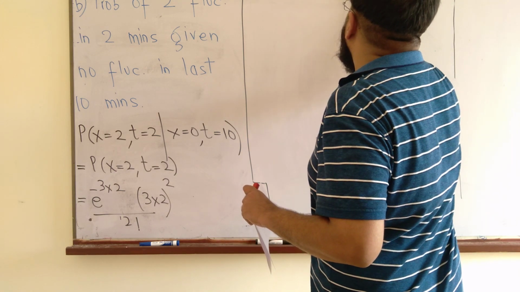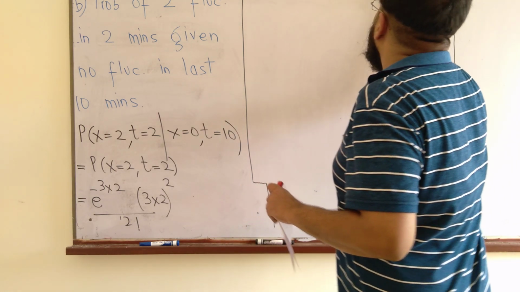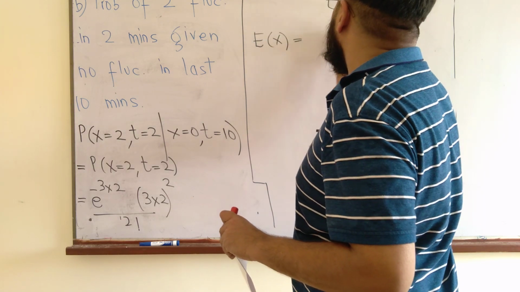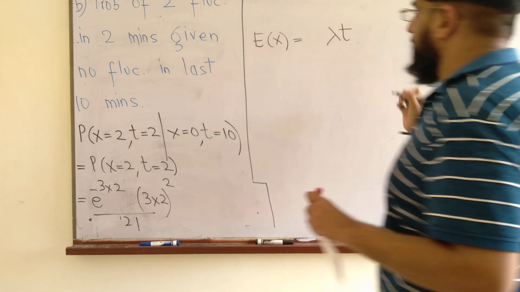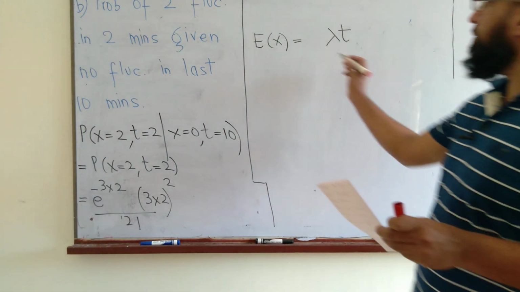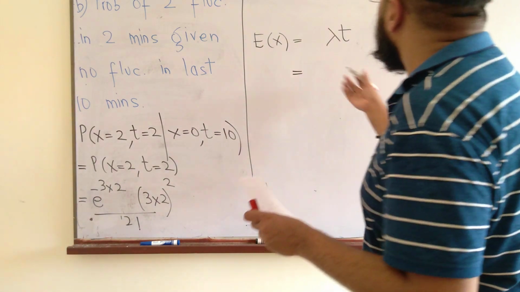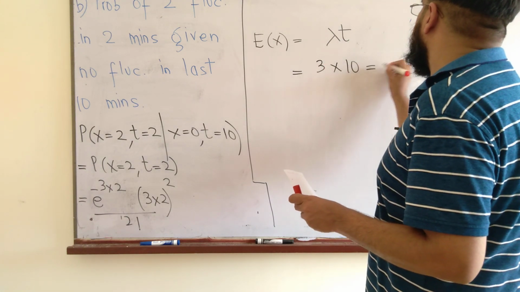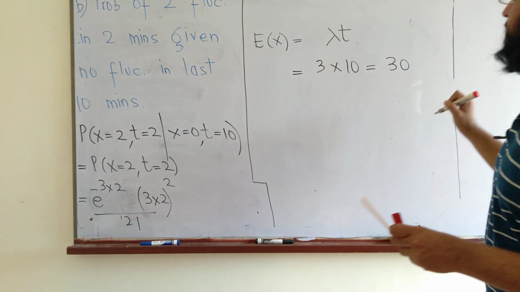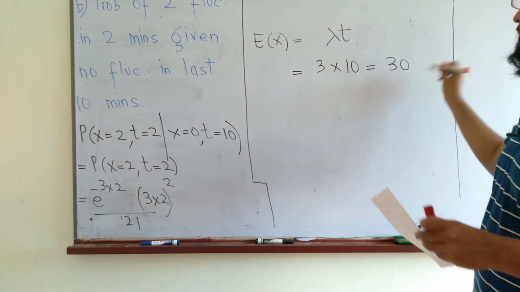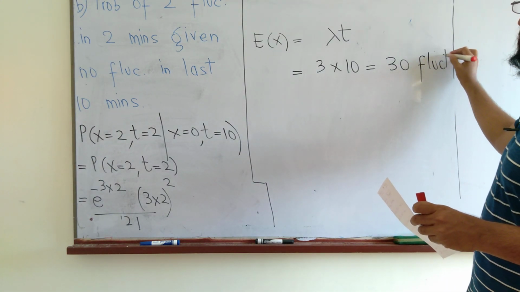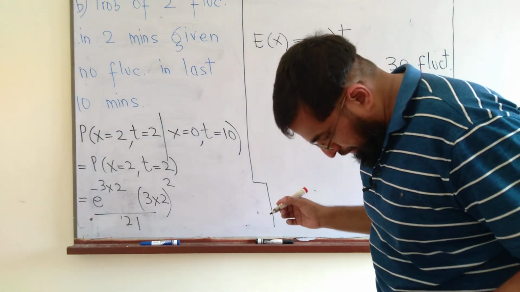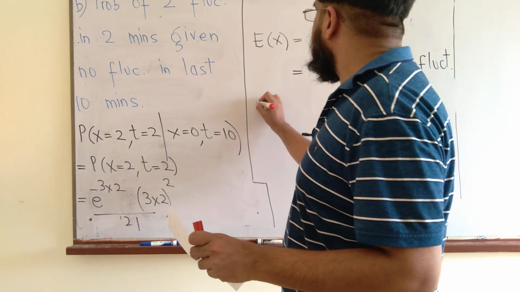This is the average value, and we know that the expected value of x for a Poisson process is lambda times t. So this is actually the mean value, the average value. Lambda is 3 multiplied by 10 minutes is 30 fluctuations. So expected fluctuations are 30 in a span of 10 minutes for this Poisson process.